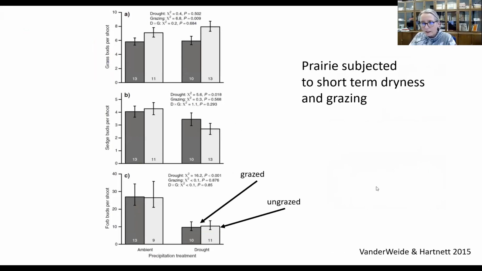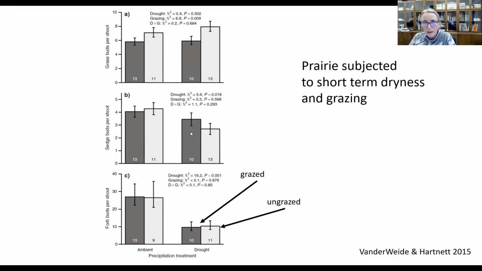As we can see in this short-term study in American prairies, in Konza Prairie, in this part of the graph, you can see ambient precipitation.